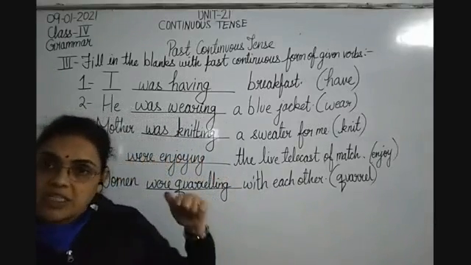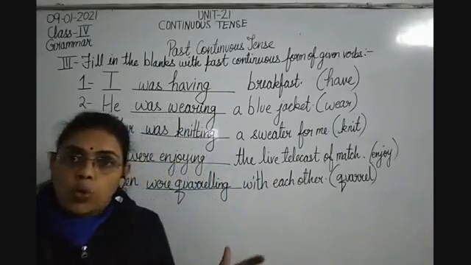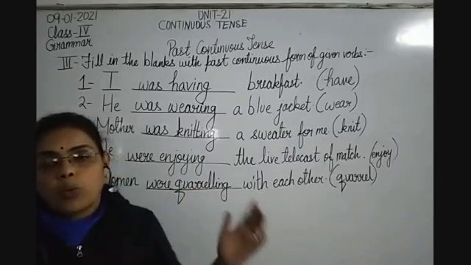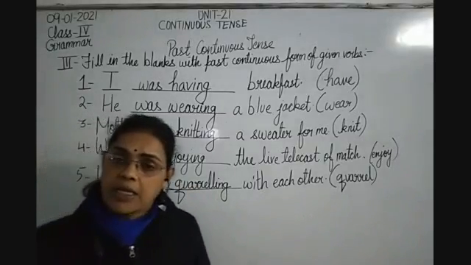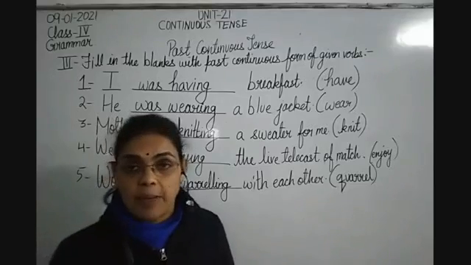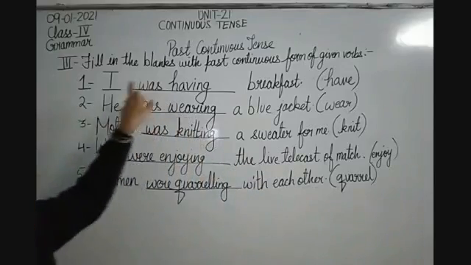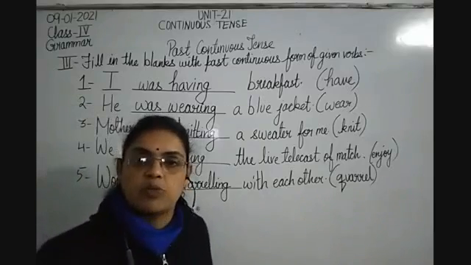Whereas if your subject is a plural noun, you, they, we, तो हम were plus ing form of the verb use करेंगे. I के साथ present continuous tense में am plus ing form of the verb होता है. Whereas in past continuous tense, I के साथ was plus ing form of the verb use होता है.